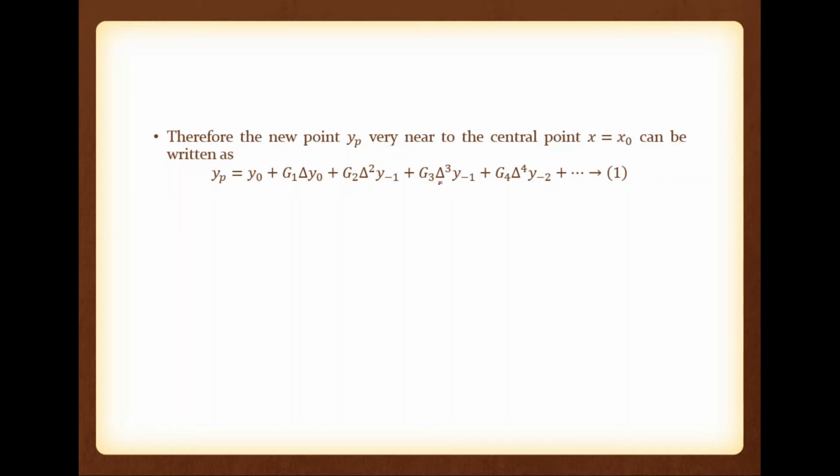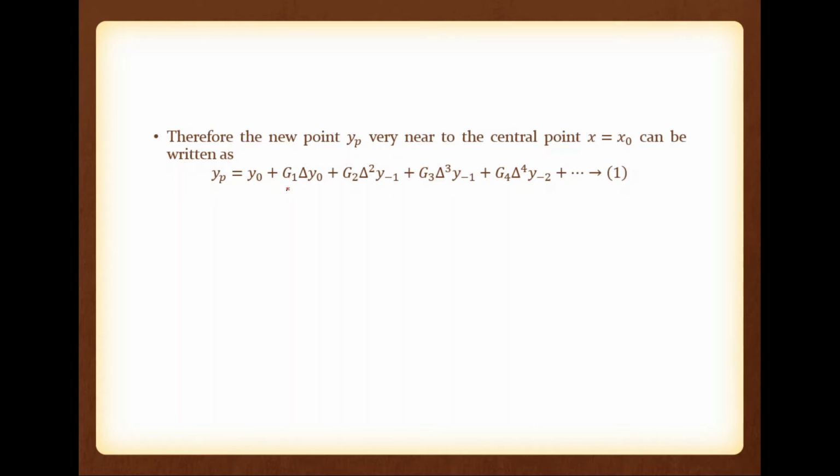Now here central data is missing, so next data is taken, so that is g3 delta cube y minus 1 plus g4 delta raised to 4 y minus 2, etc. Okay, so please note the position. So yp is equal to y0 plus g1 delta y0 plus g2 delta square y minus 1 plus g3 delta cube y minus 1 plus g4 delta raised to 4 y minus 2 plus etc. So this is equation number 1. So please note this.